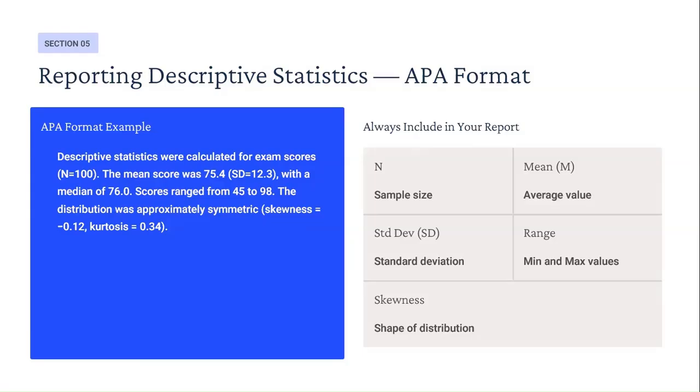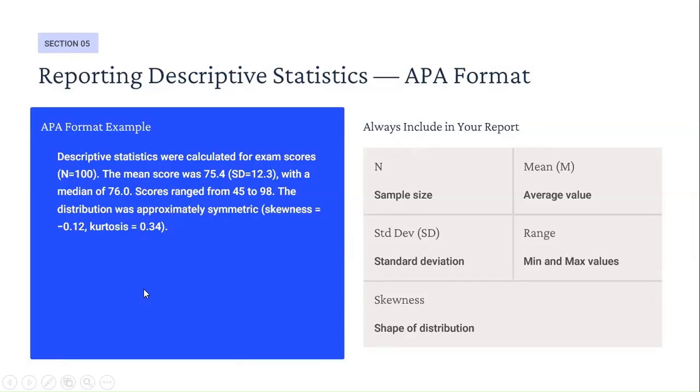This slide is extremely important for research students. Here I have shown you how to report. You must include sample size, mean M, standard deviation SD, range minimum to maximum, skewness and kurtosis, and normality test result.